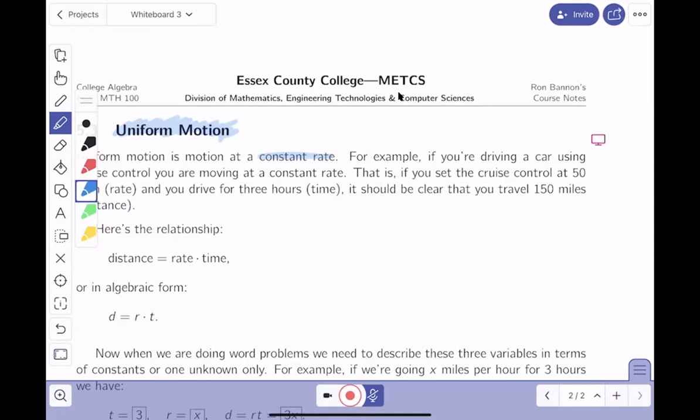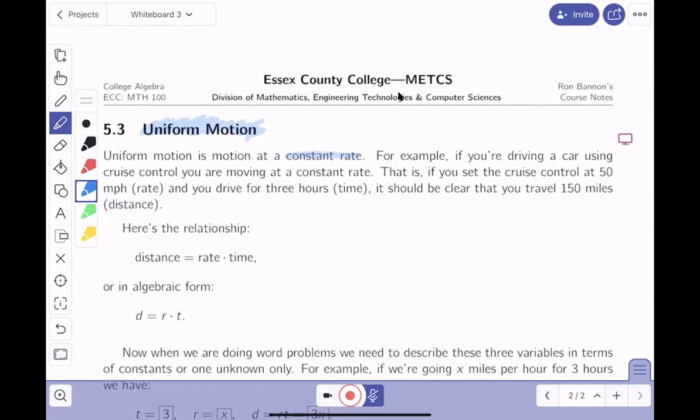For example, you're driving a car, right? If you're driving a car on cruise control, not that it's perfect, you'd be going at a constant rate. Now, I'll be honest with you, my car is old and I do have cruise control on it. It tries to maintain a constant speed, but there are fluctuations.